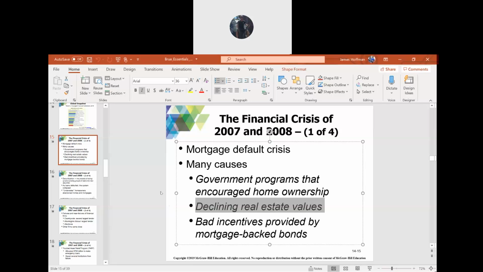Okay, and this led to declining real estate values because people weren't paying the mortgages, and there were bad incentives. We'll talk about something called mortgage-backed bonds or mortgage-backed securities, which were the financial asset that led to the failure of this financial crisis.